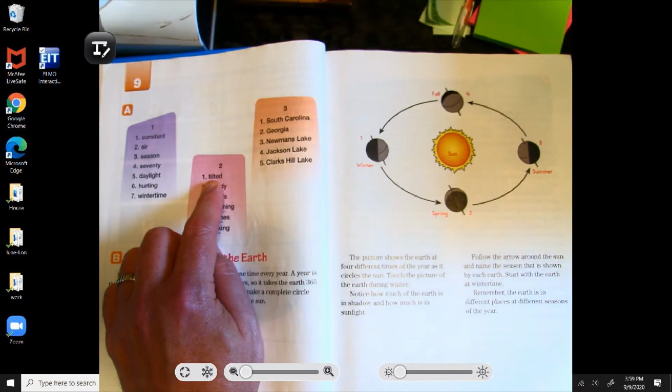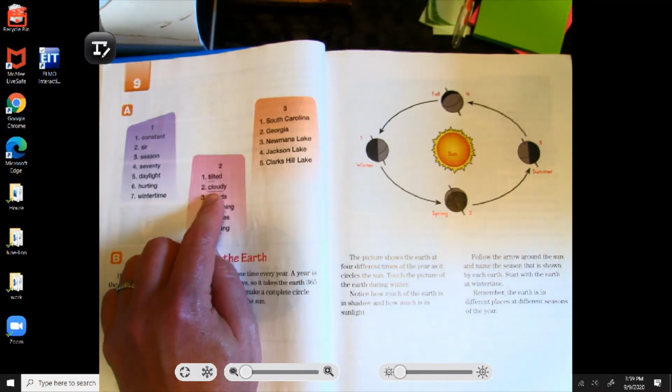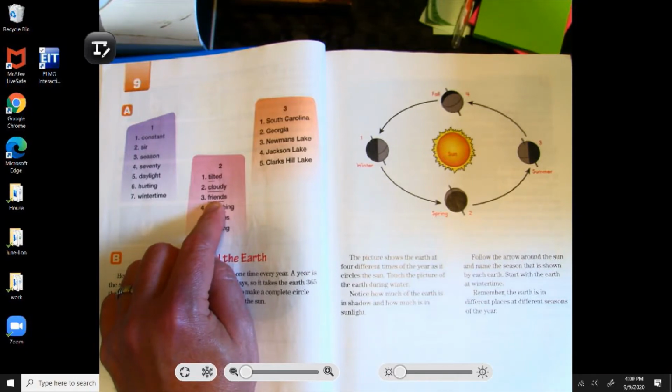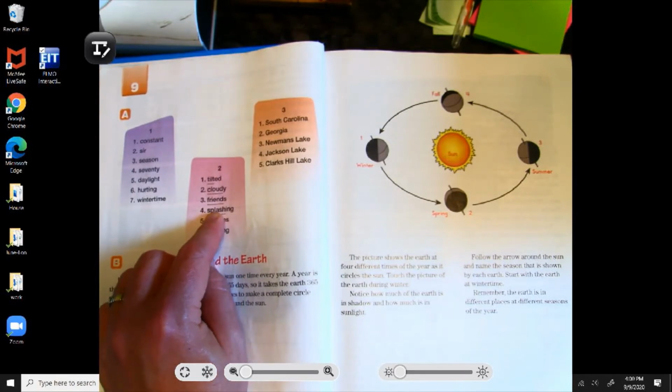Tilt. What's the whole word? Tilted. Very good. Word 2, what's the underlined part? Cloud. What's the whole word? Cloudy. Excellent. Word 3, what's the underlined part? Friend. What's the whole word? Friends. Word 4, what's the underlined part?